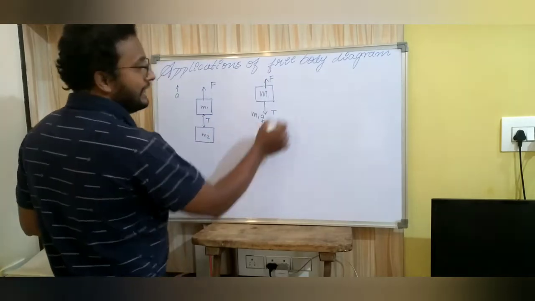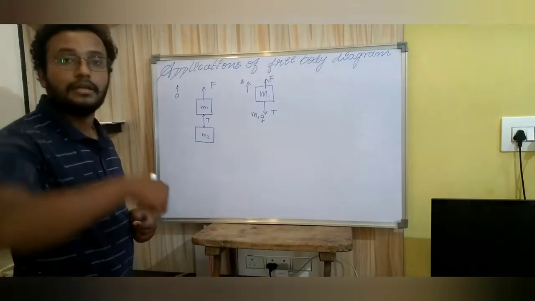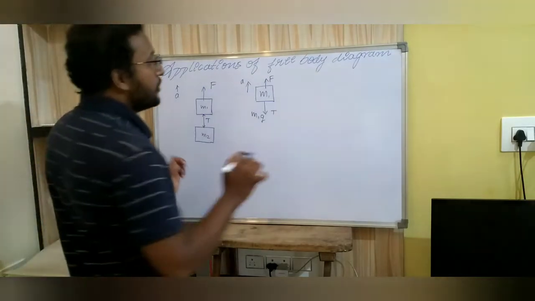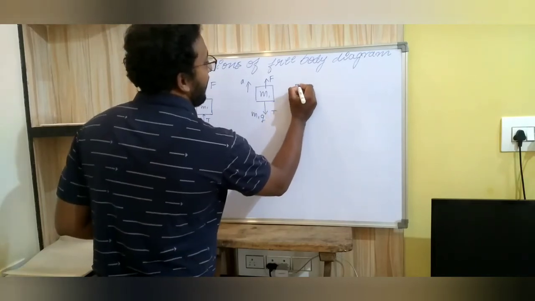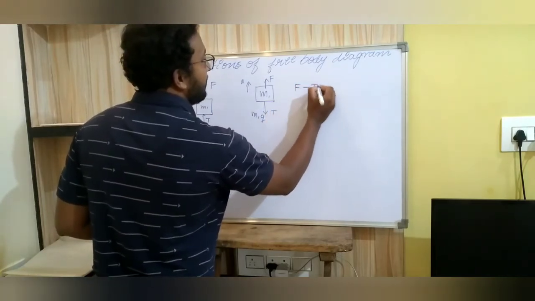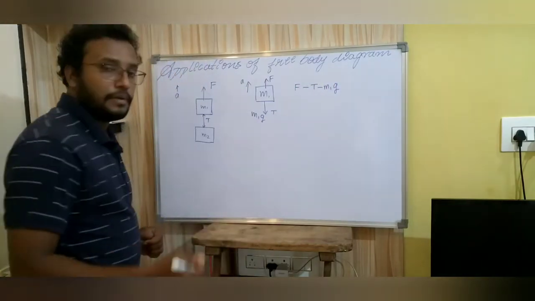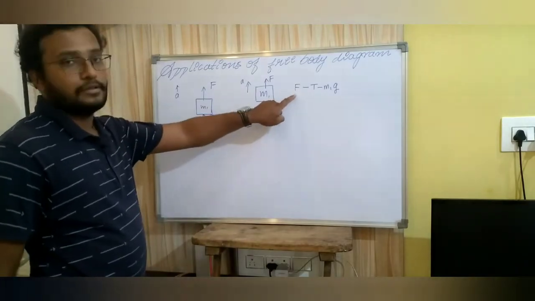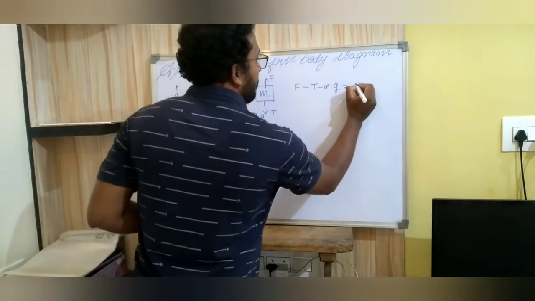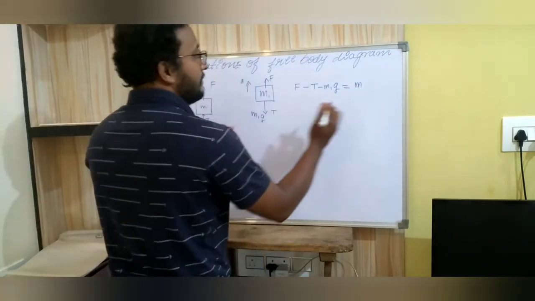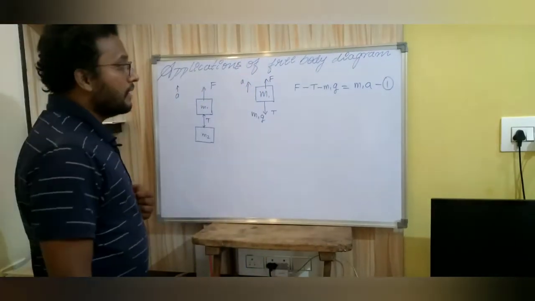As a result of all these forces, M1 is accelerating upward with magnitude A. So the dynamic equation along the y-axis can be written as F minus T minus M1 into G, since these two forces are negative because they are downward and F is positive because it is upward. The total force acting on M1 is M1 into A. Let me call this equation number 1.